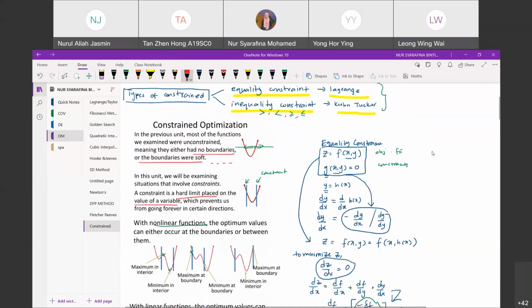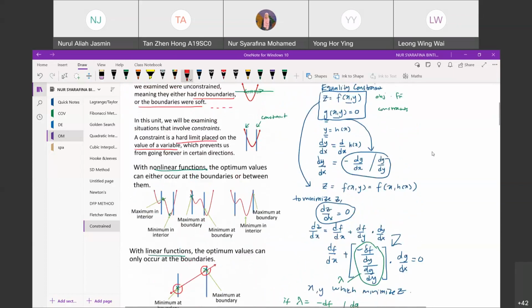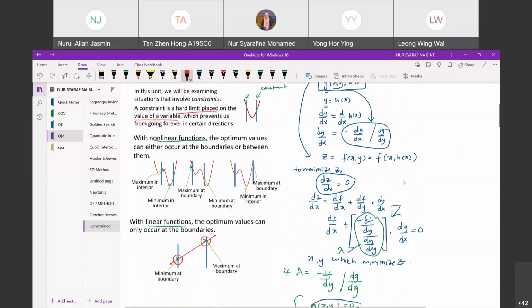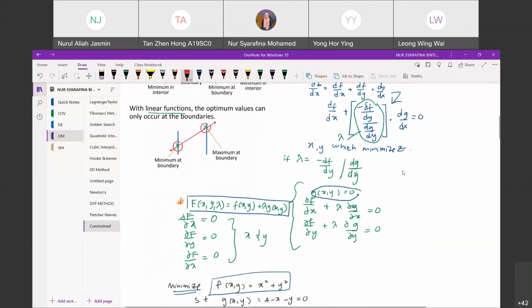So for equality, we can just use the Lagrange multiplier, where this is the derivation we discussed last week. We are going to solve this Lagrange multiplier function, where we have f in terms of x, y, and lambda.